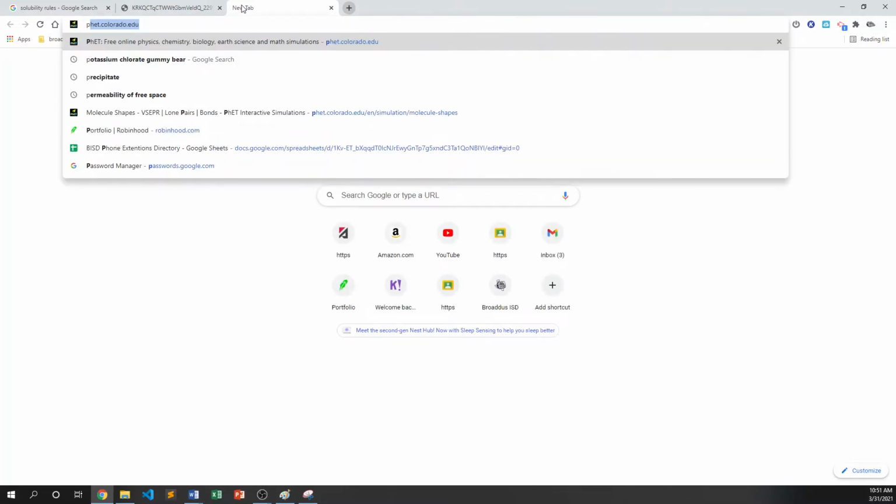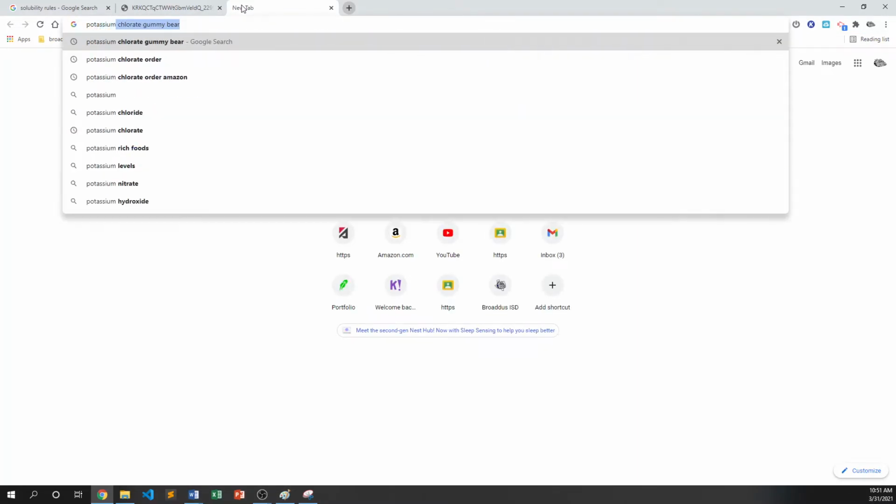Well, if it doesn't meet any common rules, Google. Solubility.